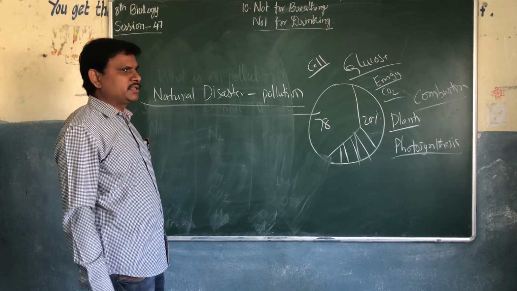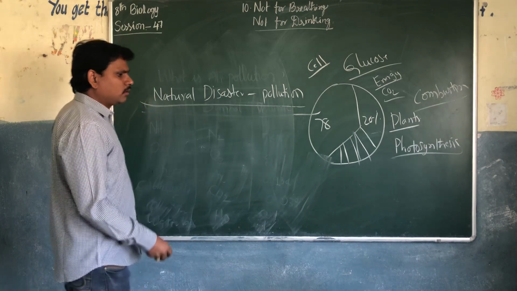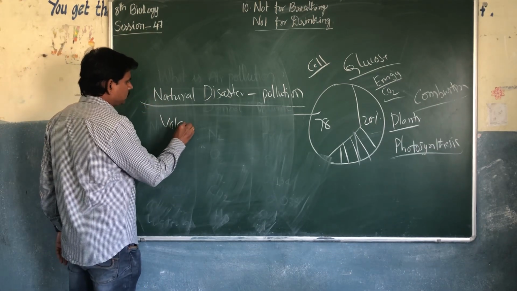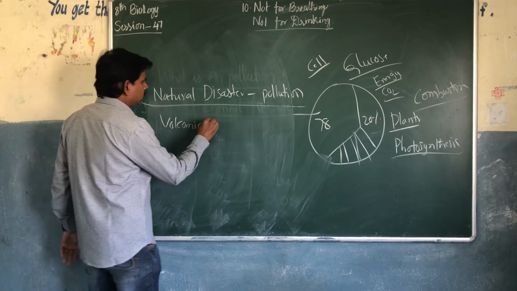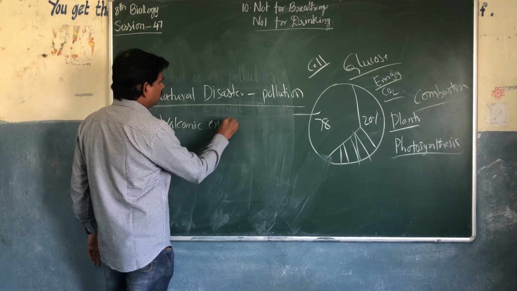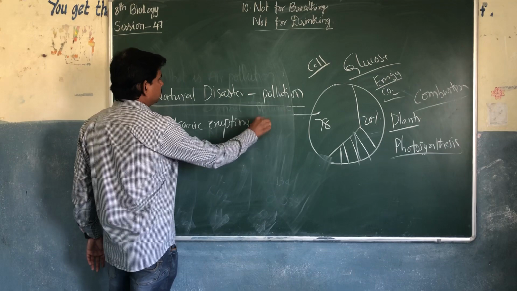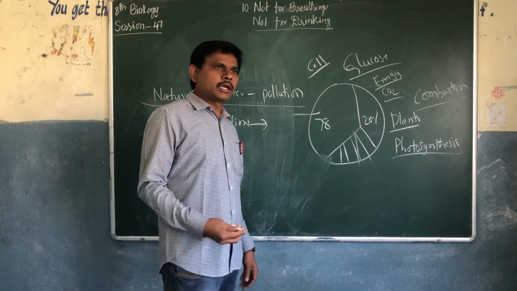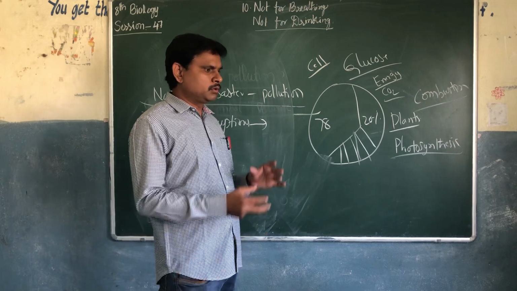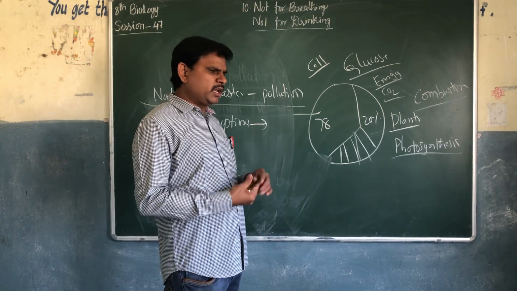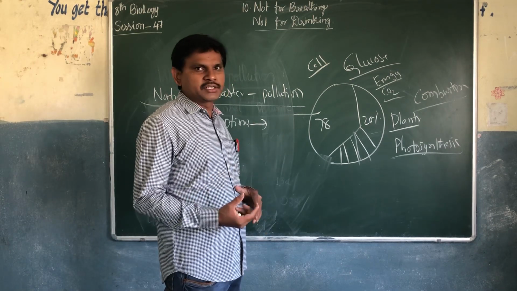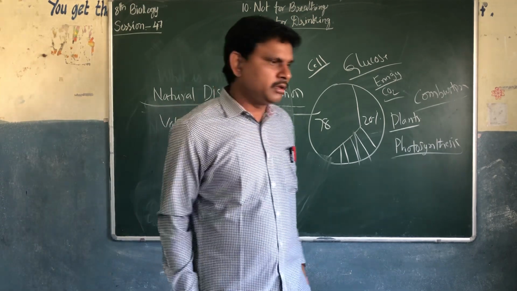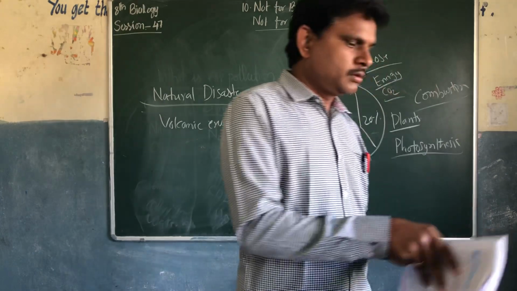What are these natural disasters? Like volcanic eruptions. What are volcanic eruptions? Very hot material comes out from the earth.